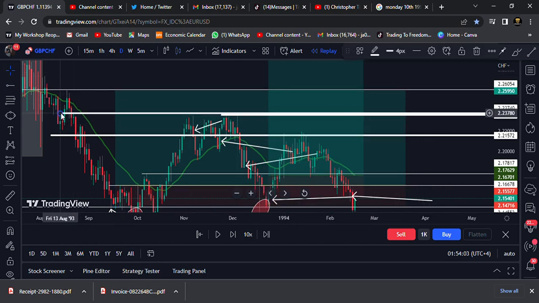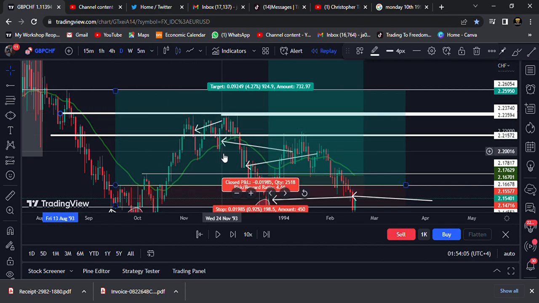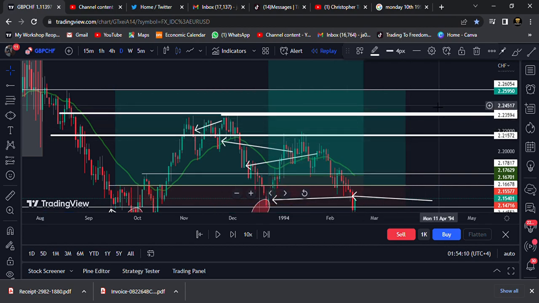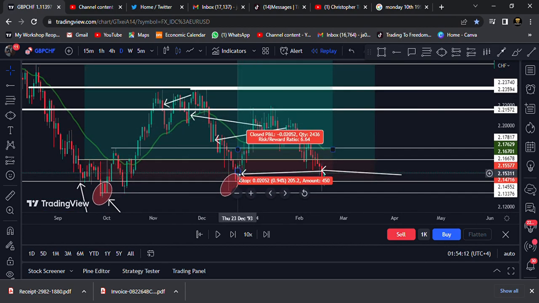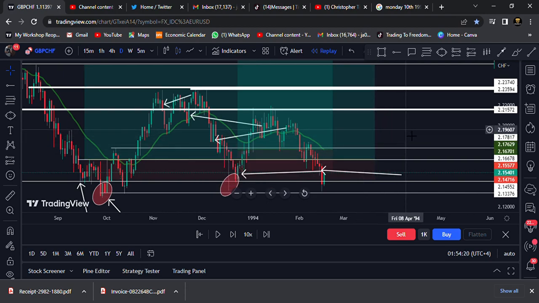This was the first level to get out. So the market came back, we re-entered here, and then it gave us profit. So that's it, guys. That's it. You don't have to push things. You don't have to be greedy.